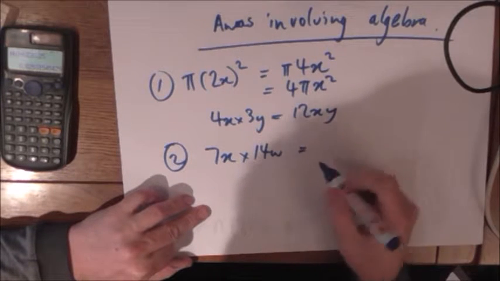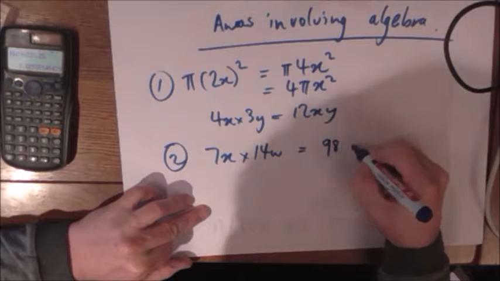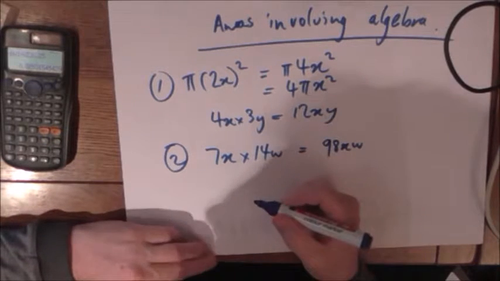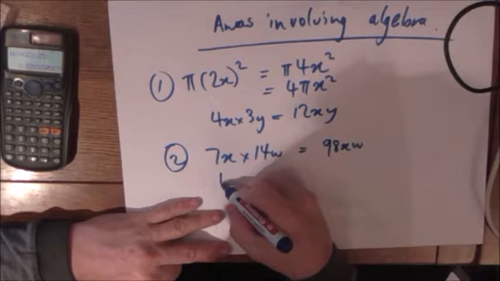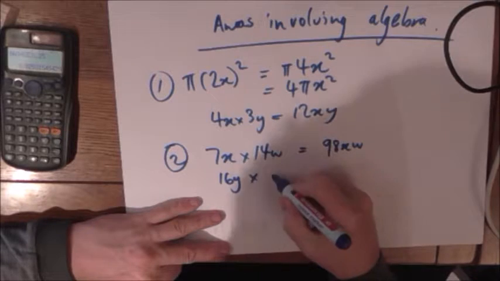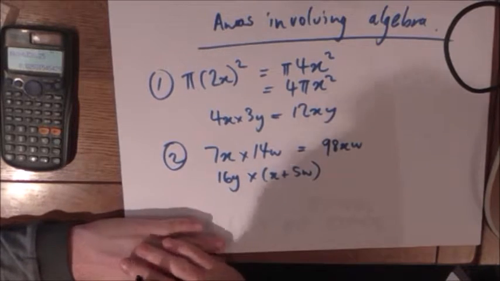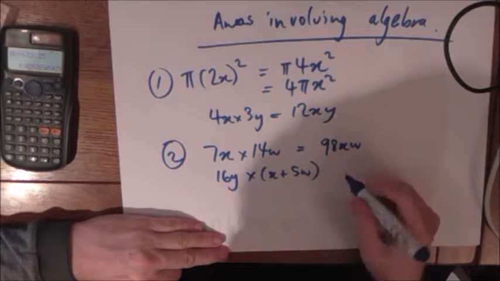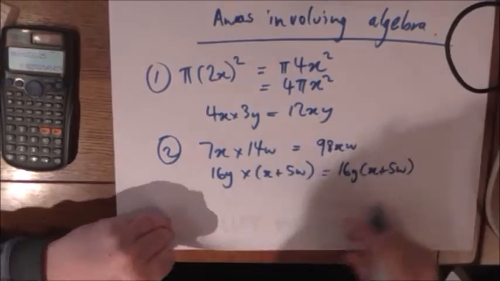So that's, what is it, 98xy, so that's the first one. The second one, sum of the parallel sides, that's 16y times half the gap between the parallel sides, and that's already pretty simple, so I'm going to leave that like that.